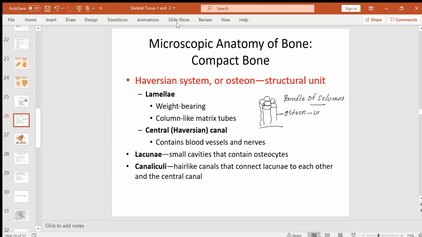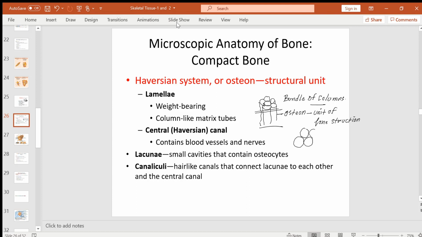So each osteon is a unit of bone structure. Now if I make a cross section like this and see under the microscope, I will see the osteons like this, circles, right?